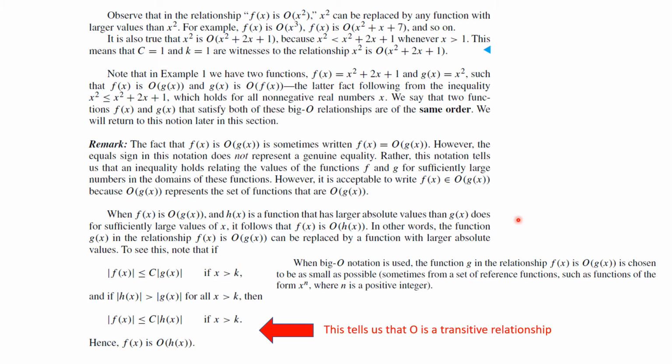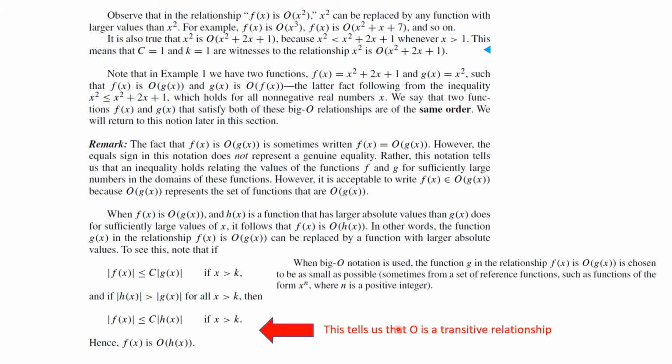Let me do this again. When f of x is big O of g of x, and g of x is big O of h of x, it follows that f of x is big O of h of x.